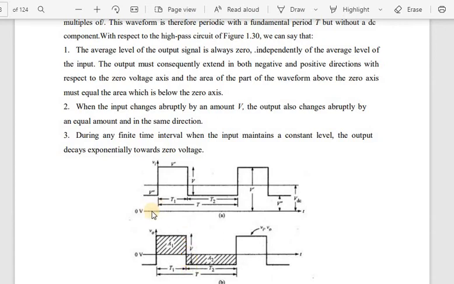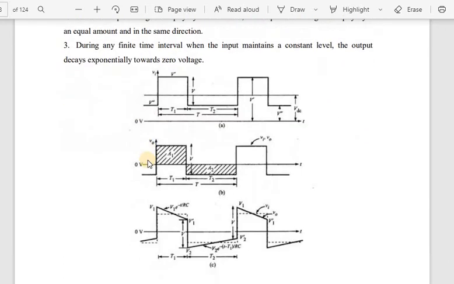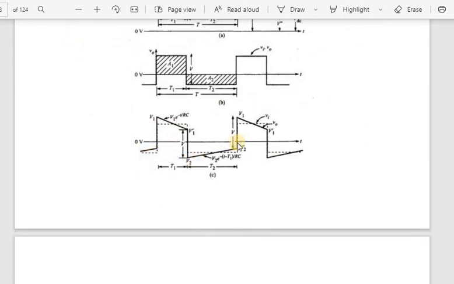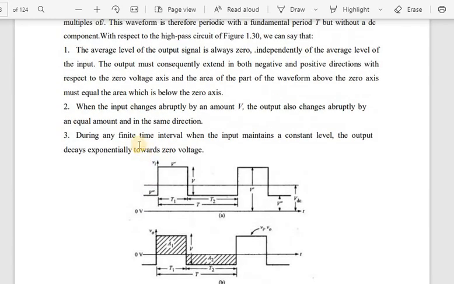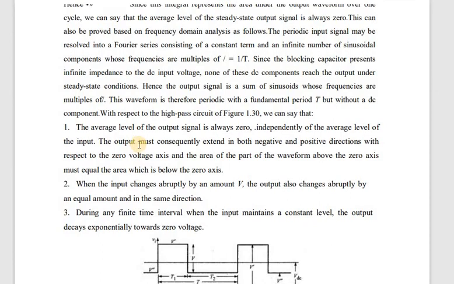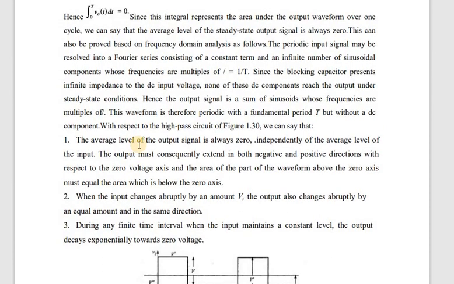Both should be the same, and the direction also should be the same. During any finite time interval when the input maintains a constant level, the output decays exponentially towards the 0 voltage. Here it will be decreasing to the 0 voltage.